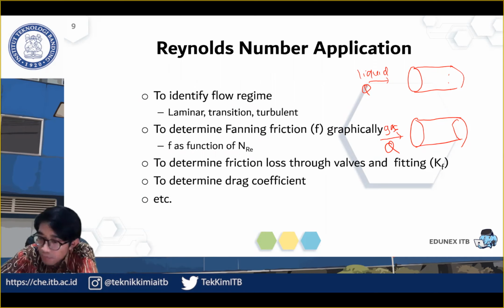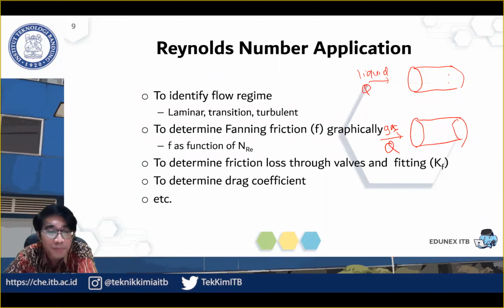Okay, not in terms of the molecules, but in terms of how they are fitting in the pipe when they are flowing inside the pipe. Suppose you are flowing water, liquid water, and you are flowing air inside the pipe.